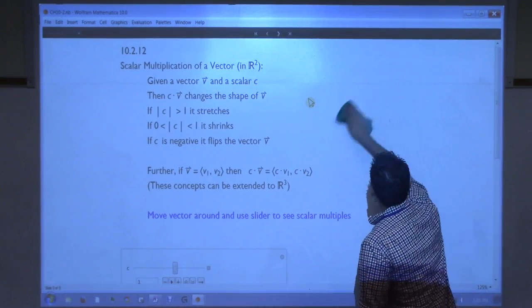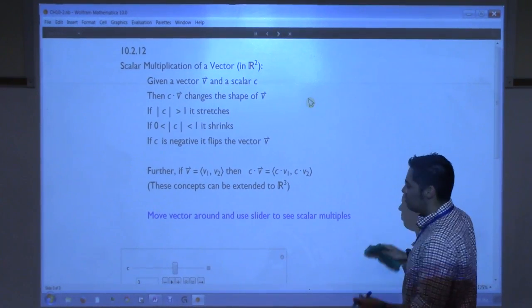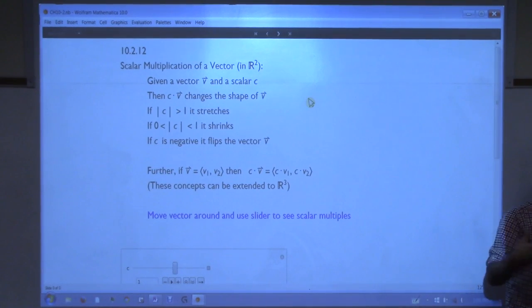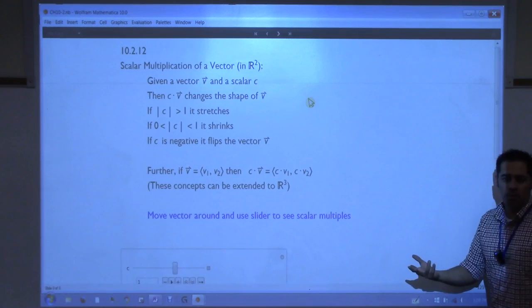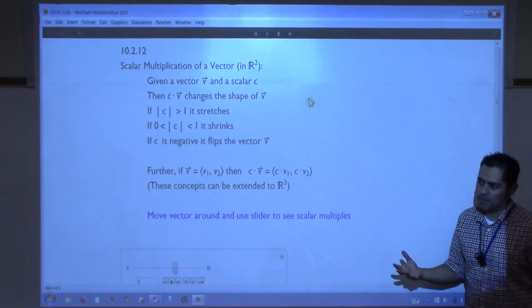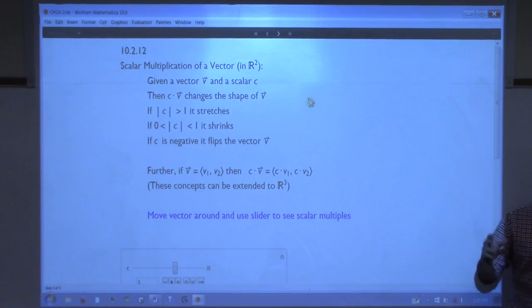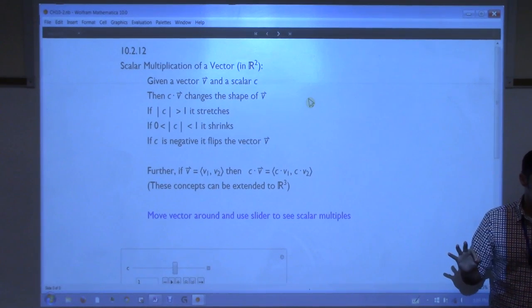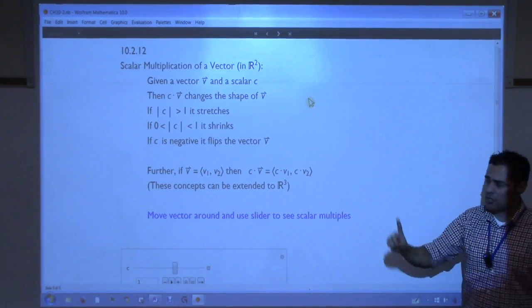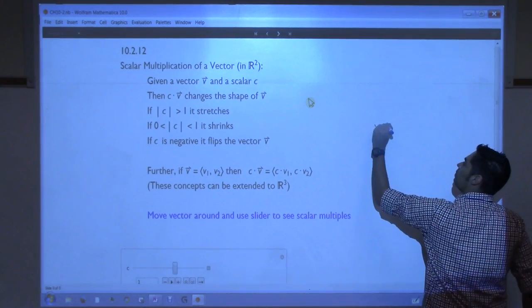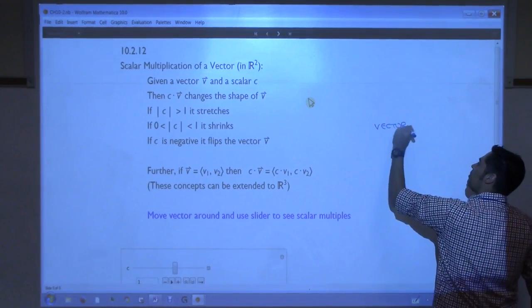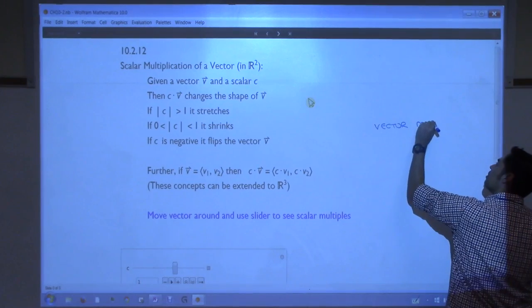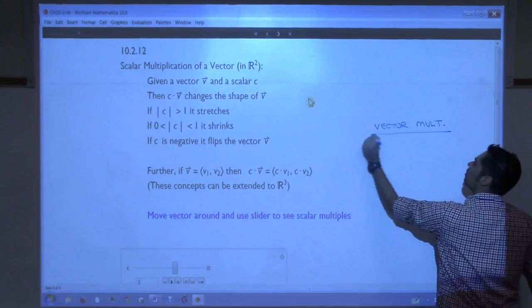So right now, all we've done is talk about if somebody gives you two vectors, we can add or subtract them, right? What about multiplying? Well, when it comes to multiplication and vectors, there's actually three different types of multiplication, all right? I'm just going to put this up here as a summary. Vector multiplication, mult for short.